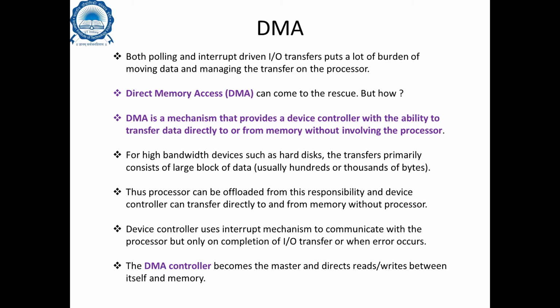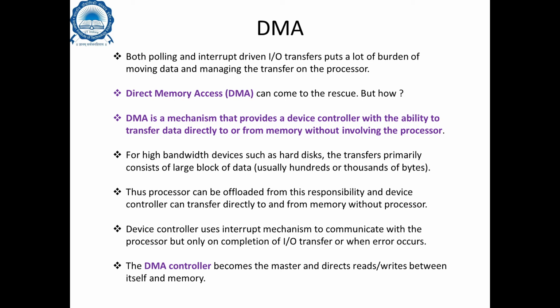For high bandwidth devices such as a hard disk, the transfers primarily consist of large blocks of data, usually hundreds or thousands of bytes. If you involve the processor in such a transfer, it will occupy the processor for a long period of time. Whether through interrupt driven IO or polling, it blocks the processor for a long time.